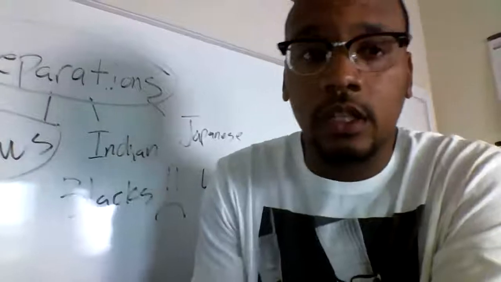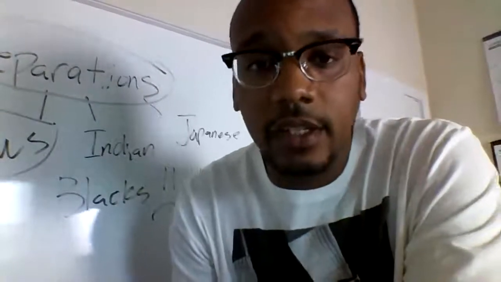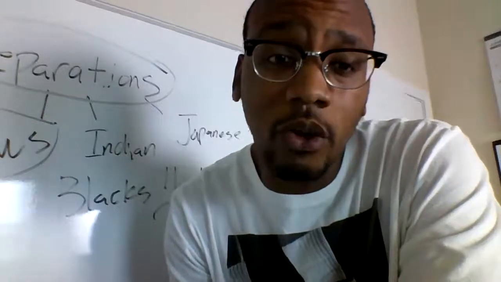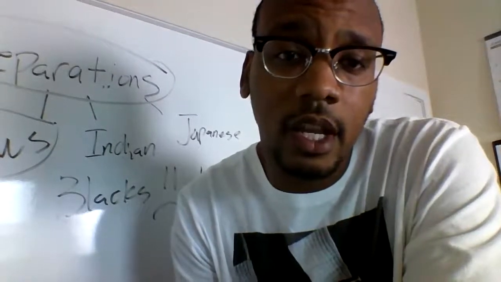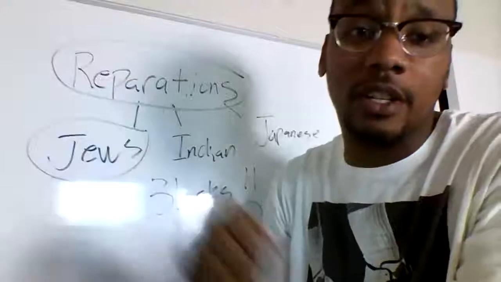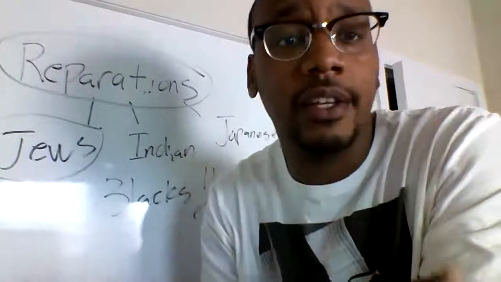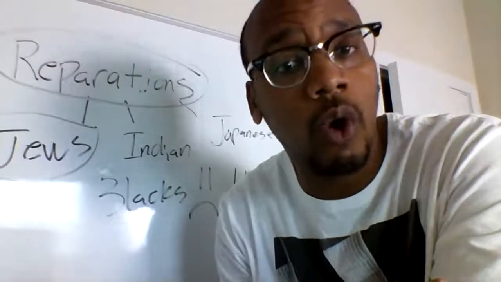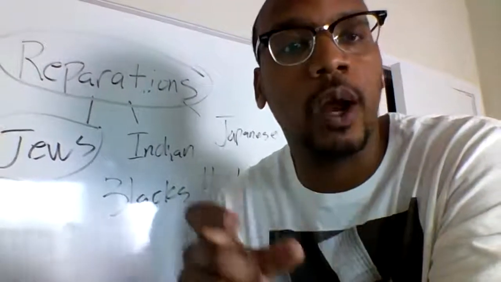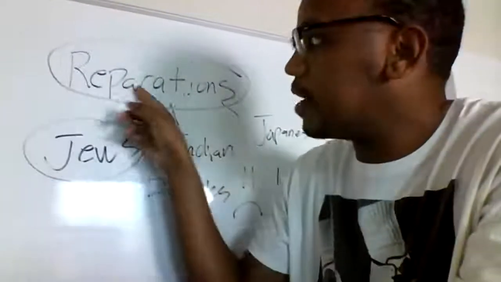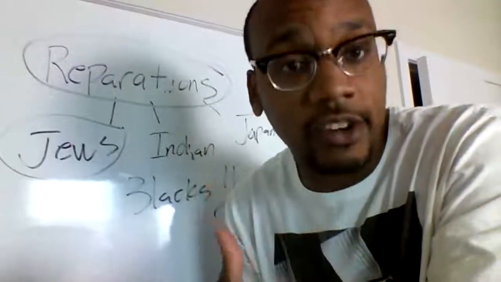All right. So the last thing I'm gonna say is, hey man, if you do something wrong to somebody, make sure you give them reparations. Make sure you pay them back. Make sure you do stuff to try to make it right. Right? If you do something wrong, you need to go back and make reparations. Part of the word reparations is repair. To repair something.